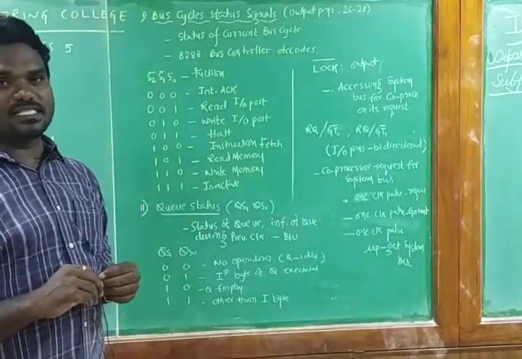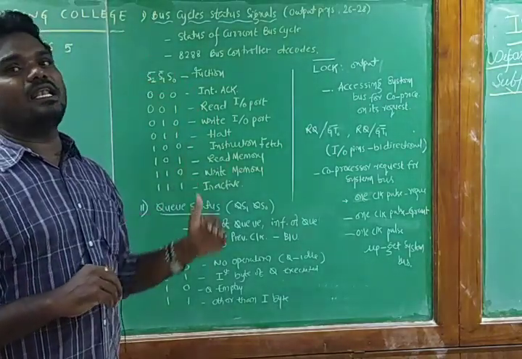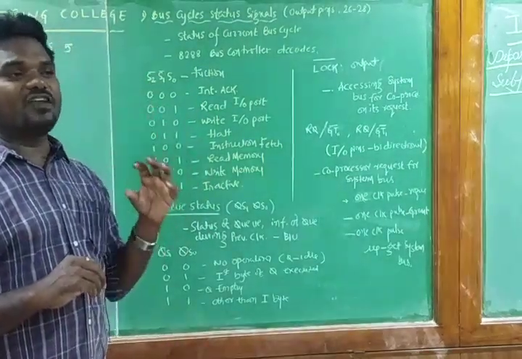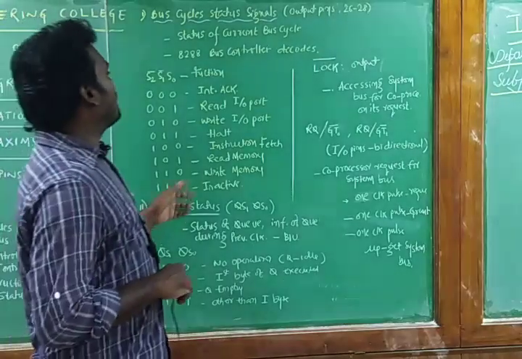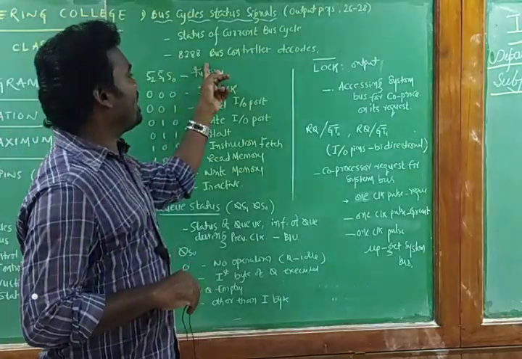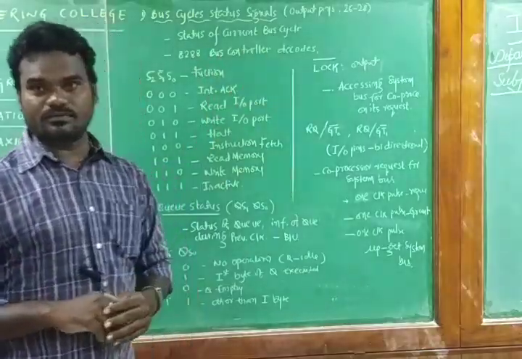The information of these 3 signals will be decoded by a decoder, that is the 8288 bus controller decoder.